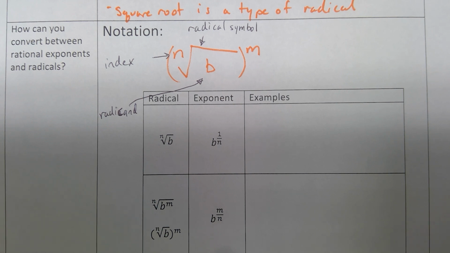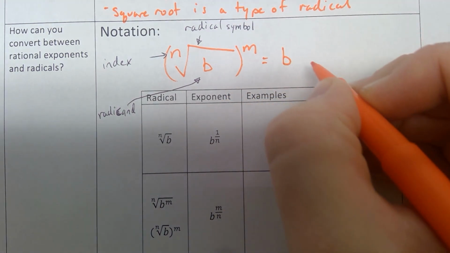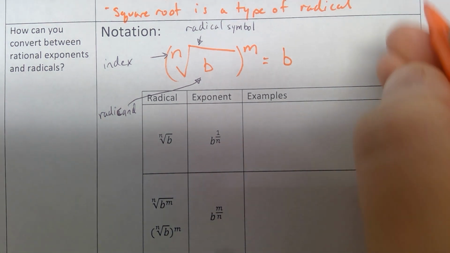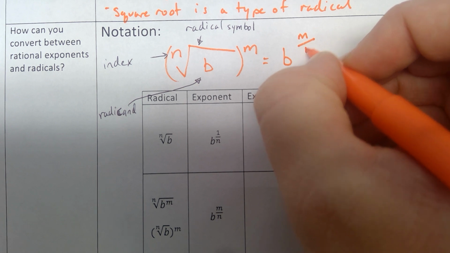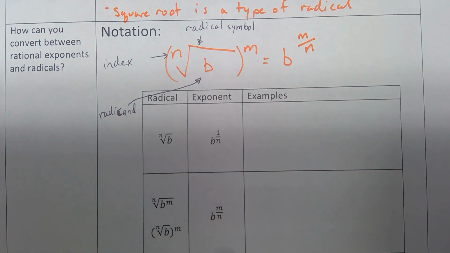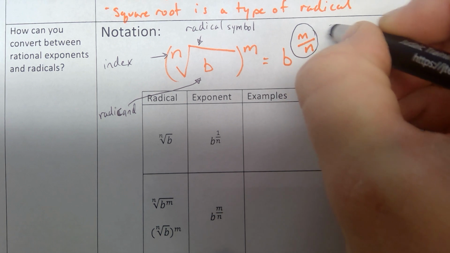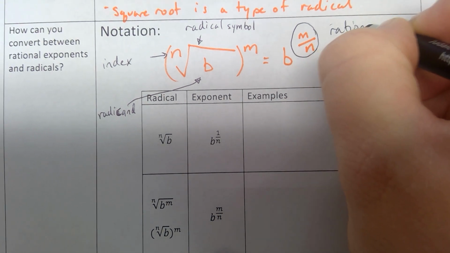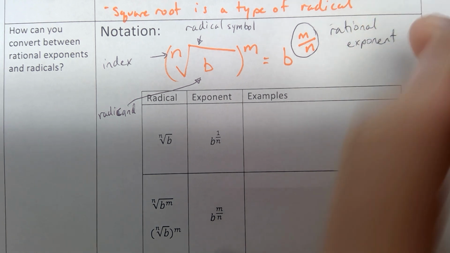Now, when we make an equality statement here and say equals, I'm going to keep b. My exponent here is going to stay here. Now, my new exponent is going to be m over n. Okay, so now we have a rational exponent. Okay, this right here, this m over n, is a rational exponent because it's a fraction.